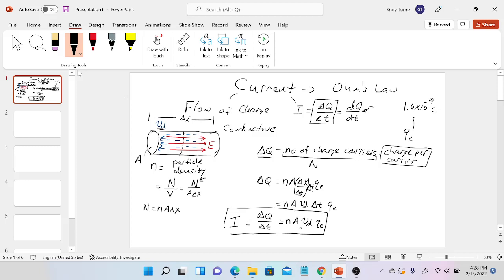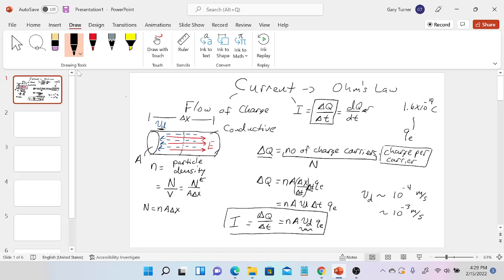Now, what are typical speeds for the drift velocity? It turns out that most drift velocities under normal circumstances, when you have everyday household type voltages causing typical currents on the order of maybe amps to tens of amps, are going to be on the order of 10 to the negative 4 meters per second, maybe up to 10 to the negative 3 meters per second.